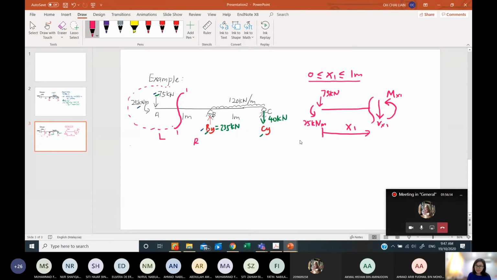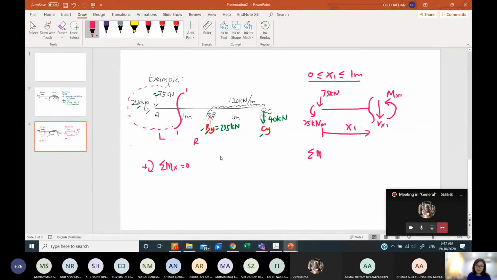Then we can start taking summation of moment at X1 equal to 0. We have to take into consideration the 75 kilonewton and also the 25 kilonewton meter.